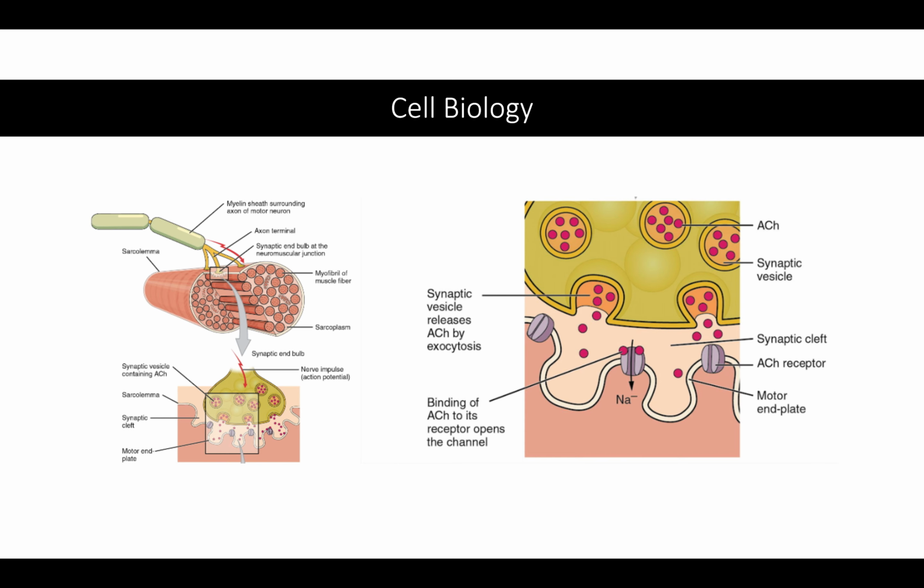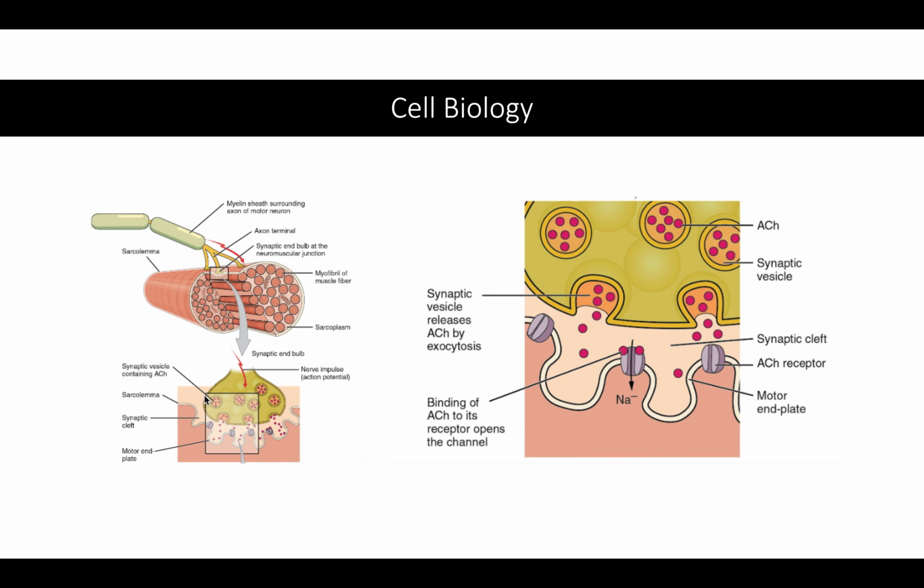So that's just something to keep in mind. And over at this little synaptic end bulb, when you go up closer, you see the nerve impulse again, the little arrow in red, driving the action potential.